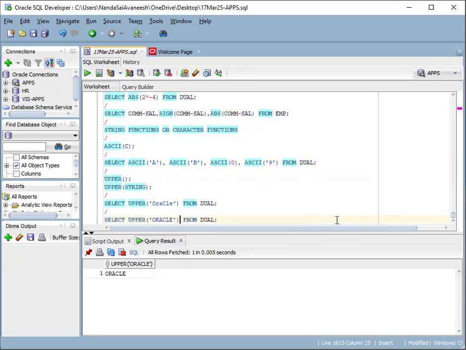Same, because if any small letters are there, it converts them into upper characters. That is the only function it does. If it already has capitals, it won't change. Only when small letters are there in the string, it will convert all the values into capital letters.